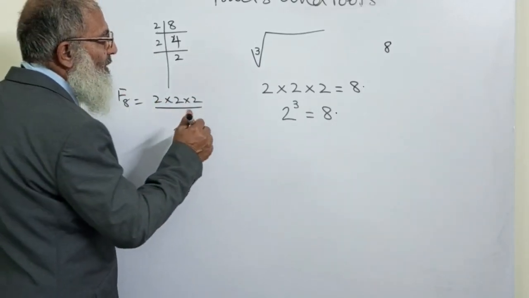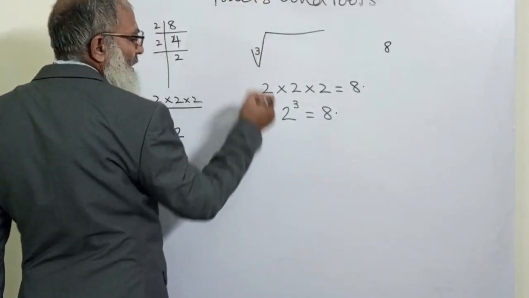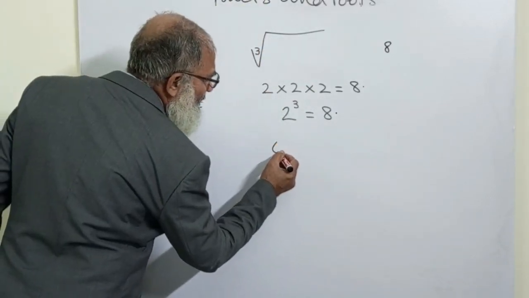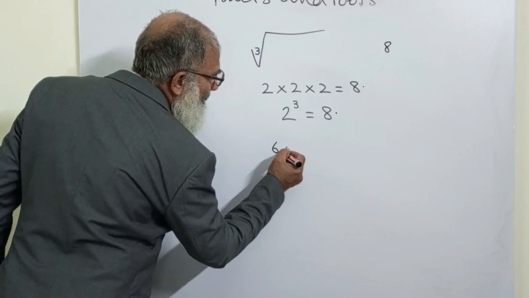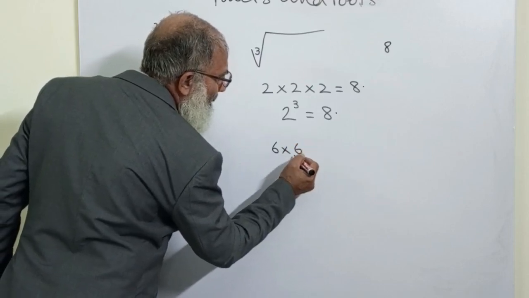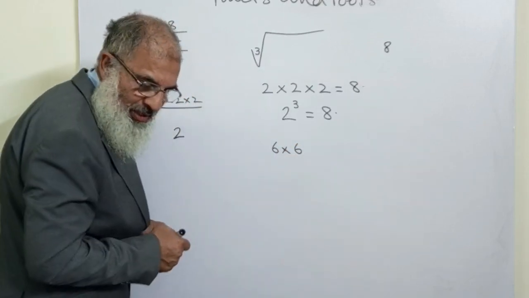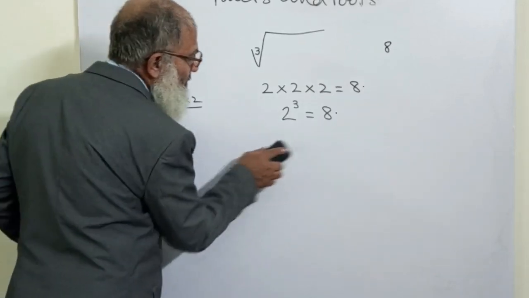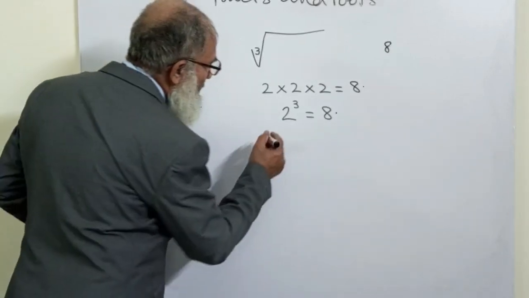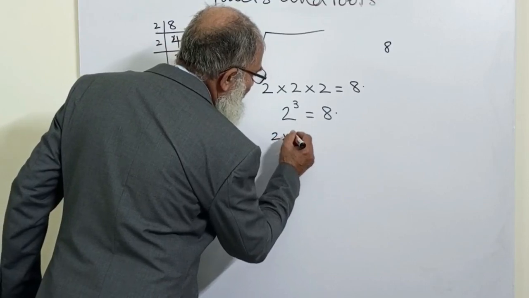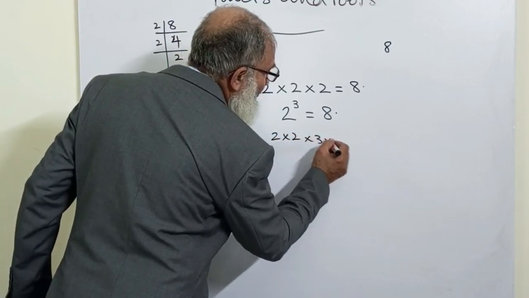What I did in the first example, it was 6, I think. Yes, it was 6. It was 2 multiplied by 3. It was like this: 2 multiplied by 2 multiplied by 3 multiplied by 3.